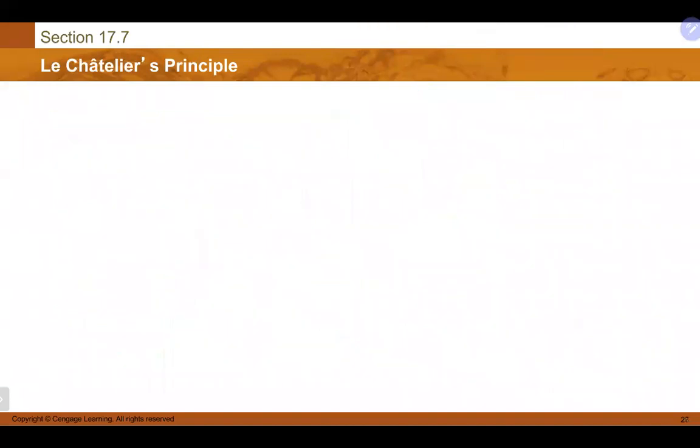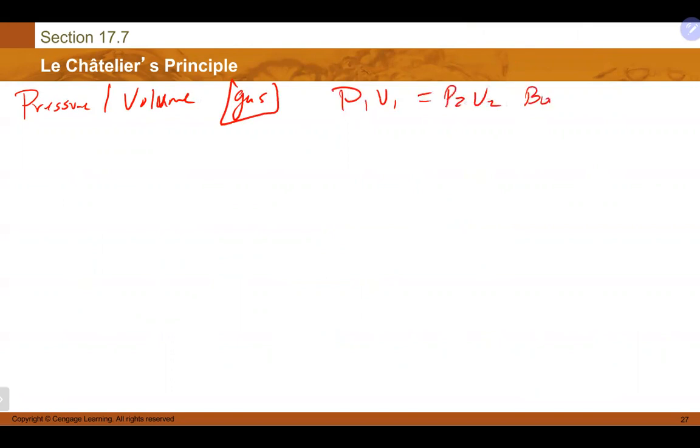All right, the next sort of Le Chatelier's principle has to do with pressure and volume, and they are oftentimes tied together. A lot of times, this usually involves gases. When we think about pressure and volume, we think about P1 V1 equals P2 V2, our good friend Boyle.